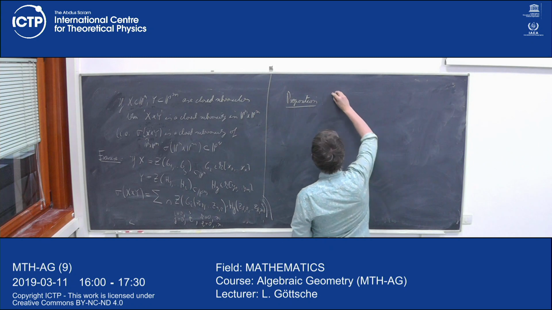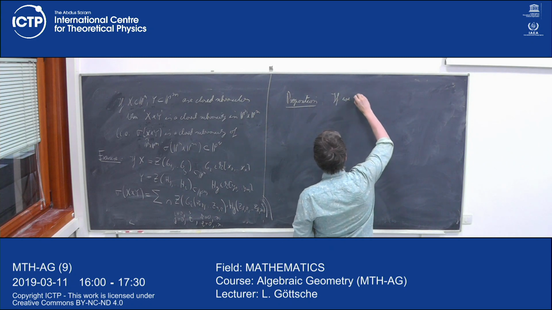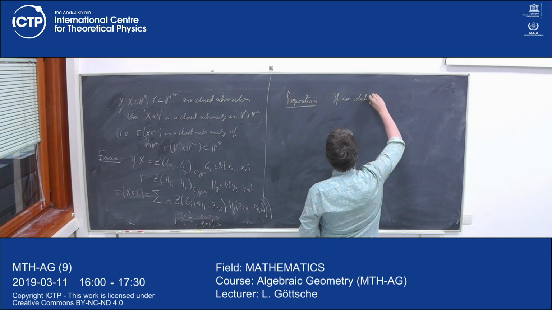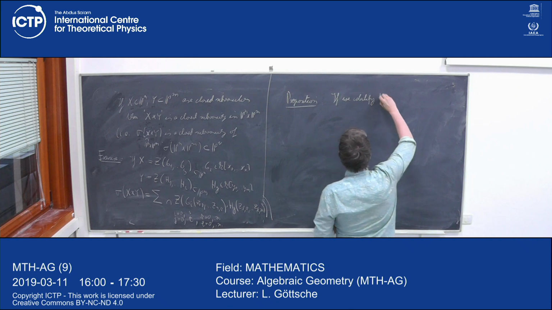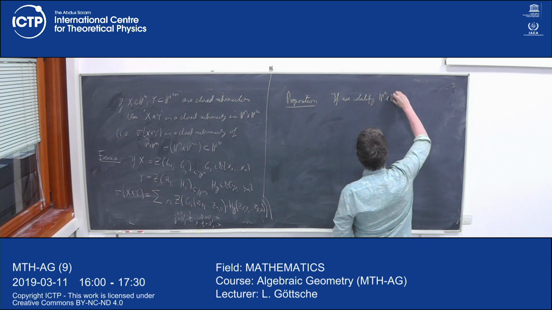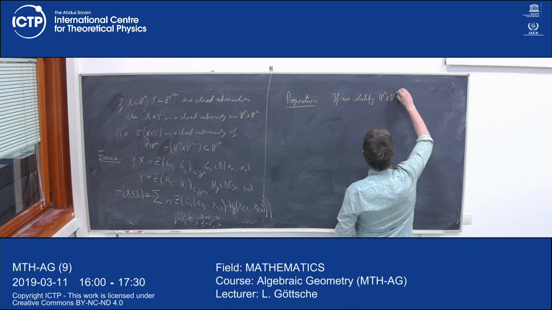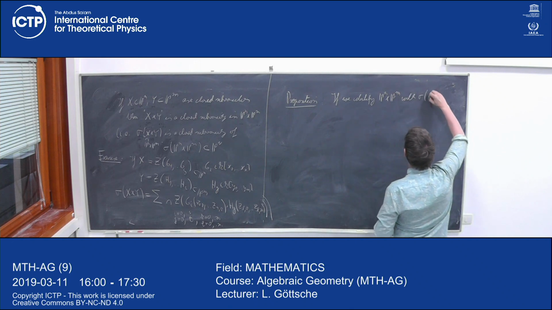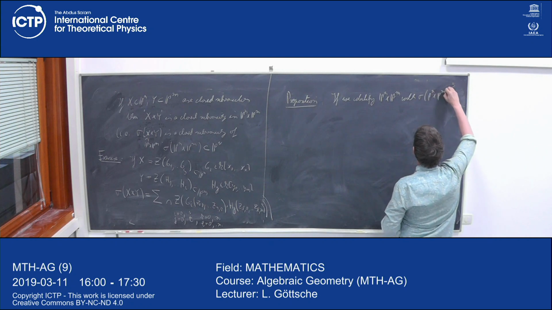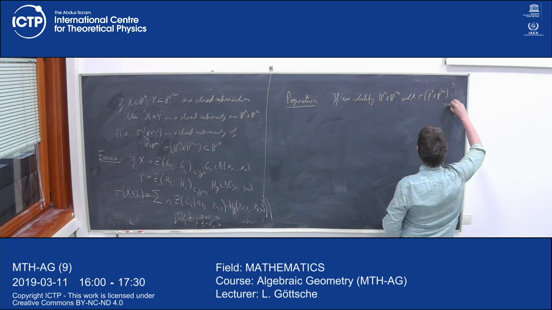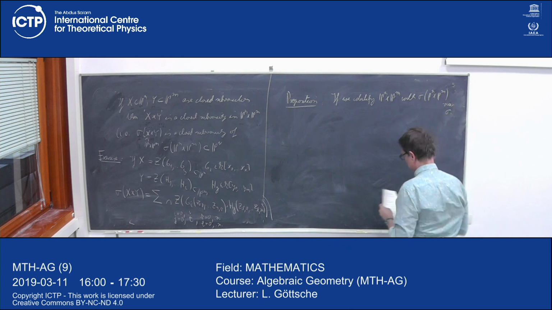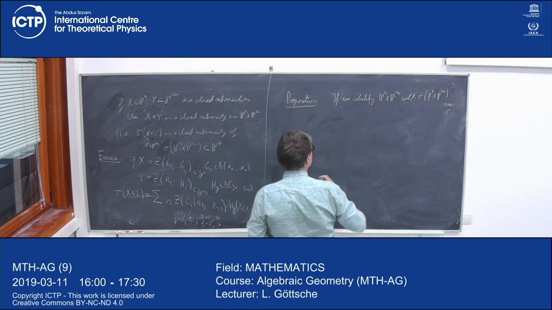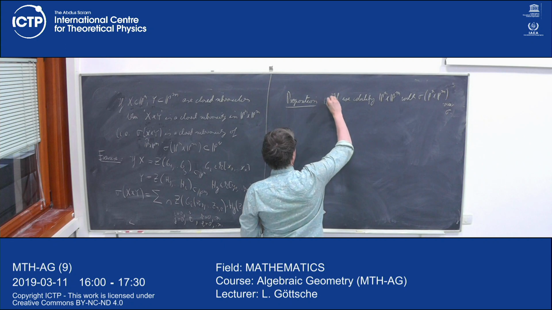So, as before, if we identify Pn times Pm with sigma of Pn times Pm via sigma, then the claim is that the two projections are morphisms.